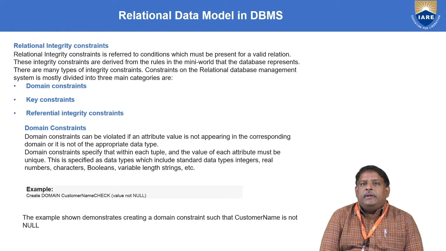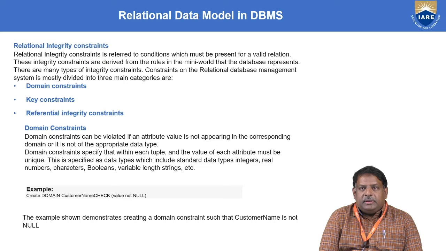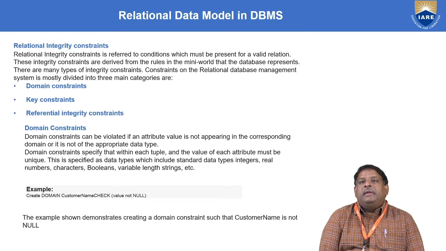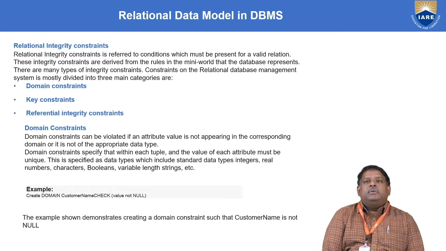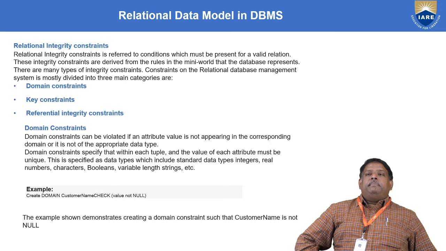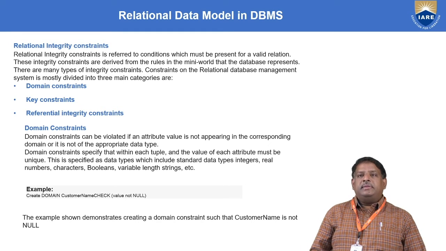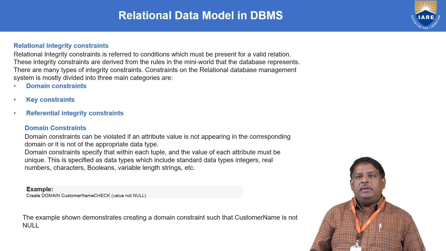First we will see that the relational integrity constraint refers to conditions which must be present for a valid relation. These integrity constraints are derived from the rules in the mini world that the database represents.